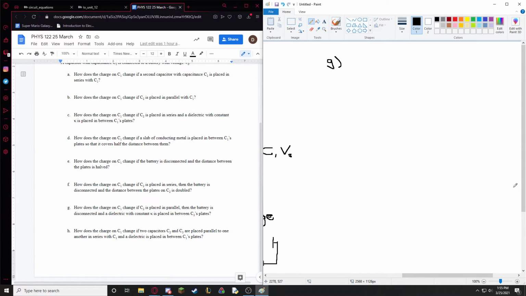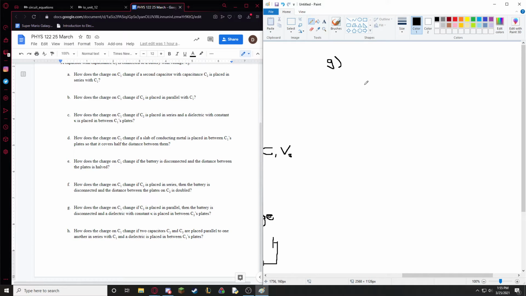All right. Let's hop into part G here. So how is the charge on C1 going to change if we place C2 in parallel and then the battery is disconnected and then a dielectric with constant kappa is placed between C2's plates.